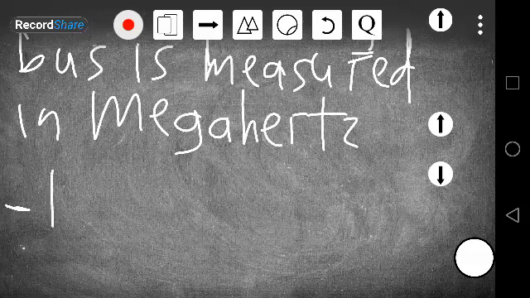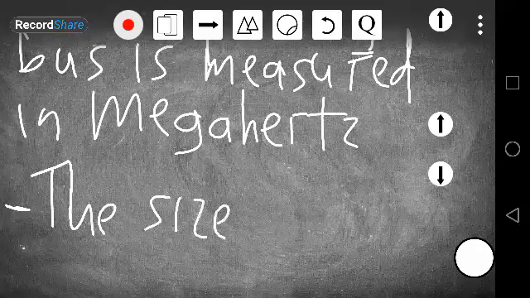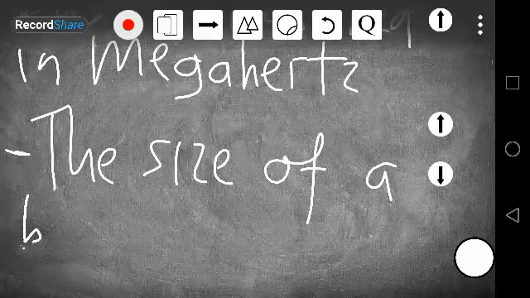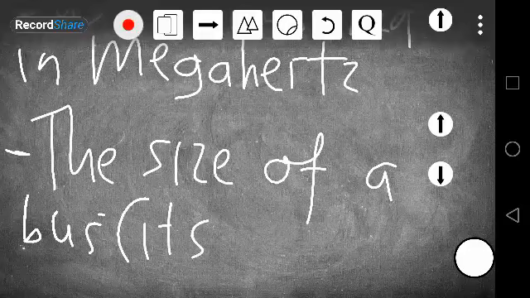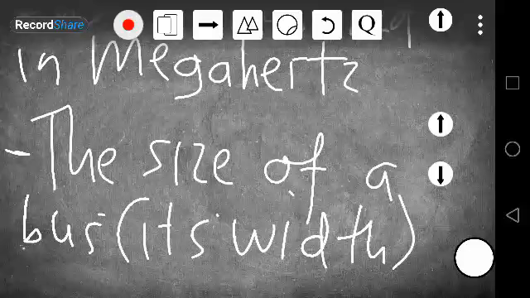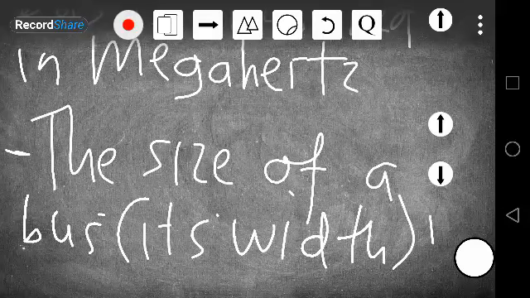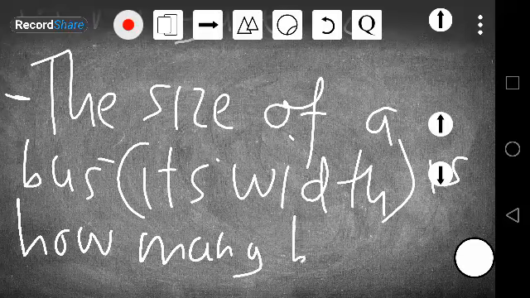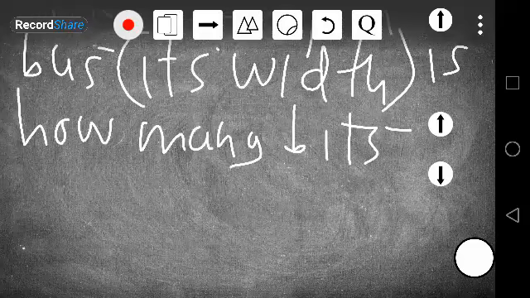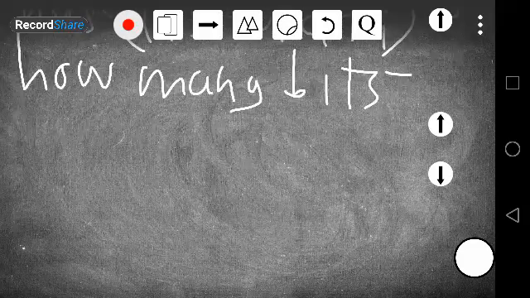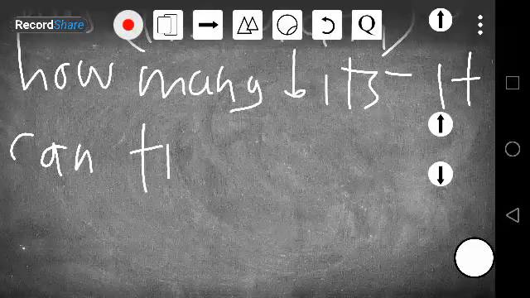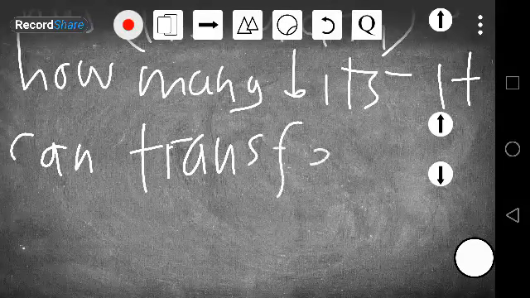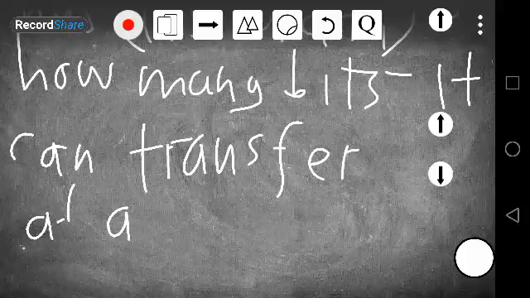Now, the size of a bus, that is its width, is how many bits it can transfer at a time.